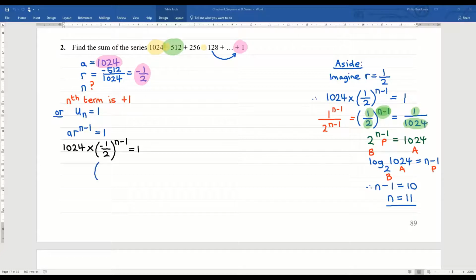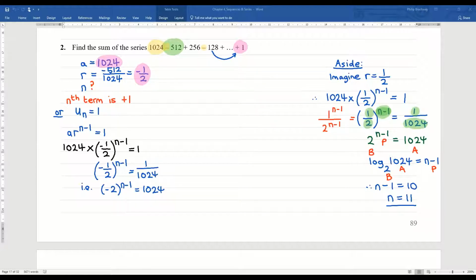You're going to have (-1/2)^(n-1) equal to 1/1024. Next you say, well, I can flip them. So this is the same as (-2)^(n-1) equal to 1024. So you've got the same problem, except you have negative 2.